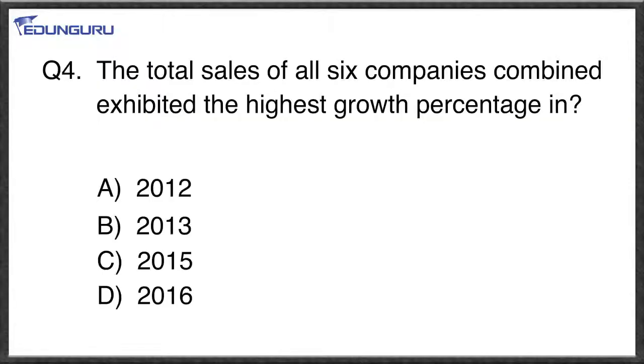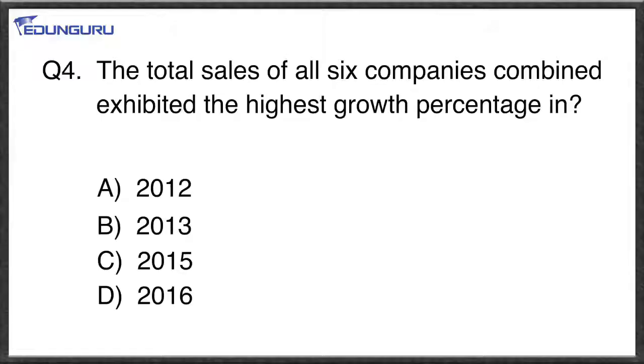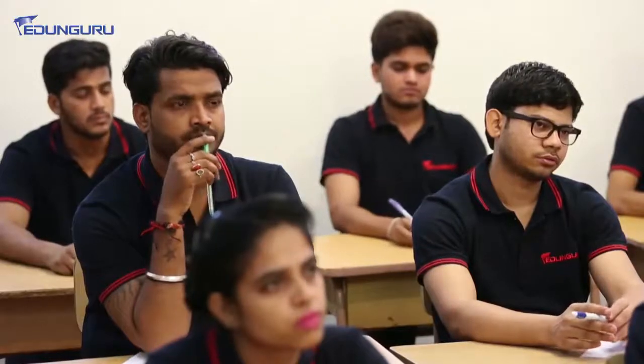Is it very required to calculate this for all the years since there are only 4 options? No, sir. Well, normally I would say it was not required, but in this question you require it because it says exhibit the highest percentage growth with respect to the previous year, which means if 2012 is an option, you need to compare 2012 with respect to 2011, even though it's not there in the options.